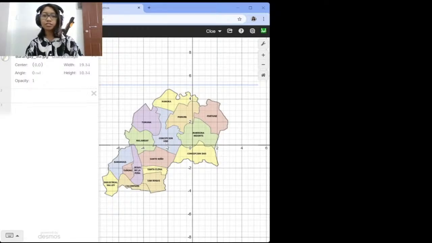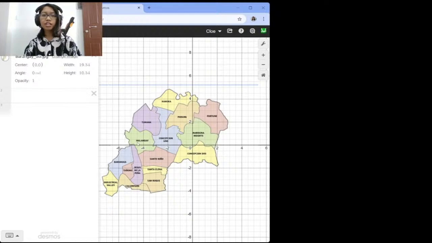Now for the width, or the x-coordinate range. The barangay farthest to the west is Malanday. Its center is 1,239.5 meters west of the origin. We'll round this to 1,500 meters and double it, that will be 3,000, just like we did earlier.